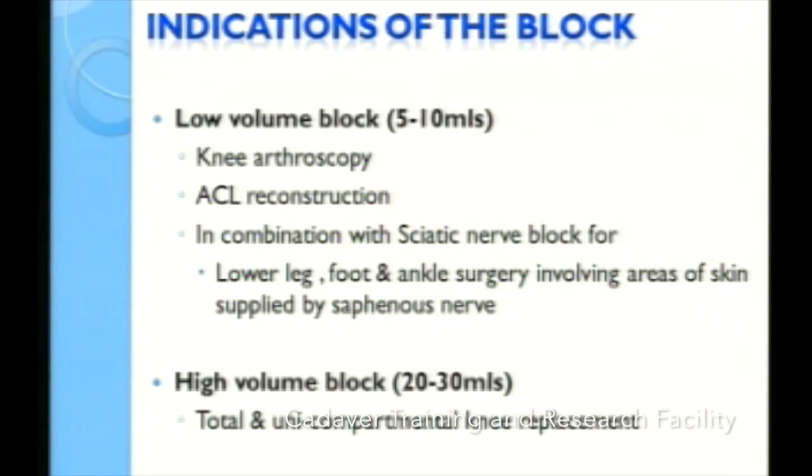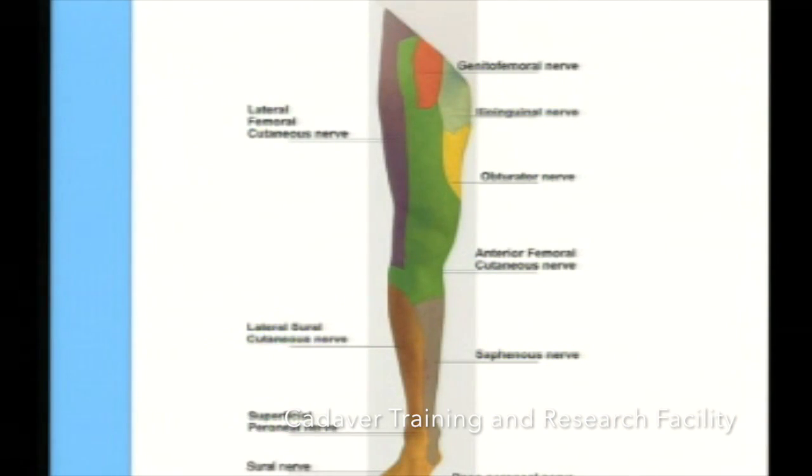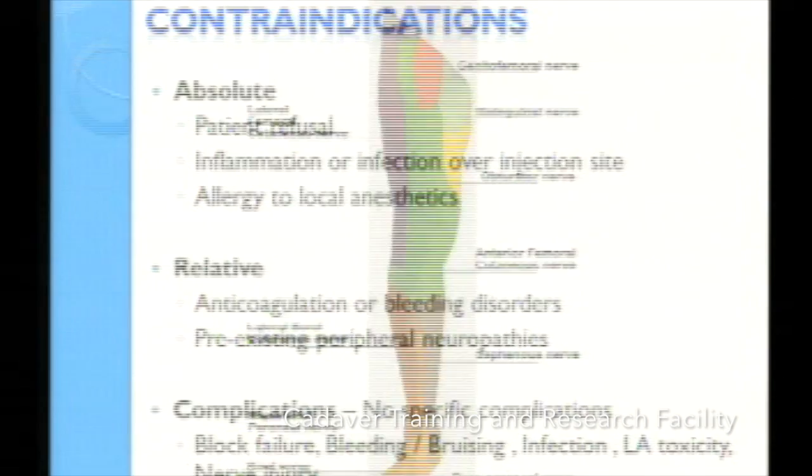High volume blocks are used when you use the adductor canal block as a sole block for total or unicompartmental knee surgery, where you use 20 to 30 mL of local anesthetic. So you can see this is the part supplied by the saphenous nerve, the medial side of the knee joint and the medial side of the tibia, which is mainly blocked in this block.